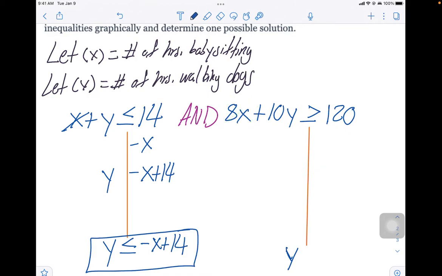Cross out 8X and make it negative 8X. So I'm left with 10Y, negative 8X, and positive 120.